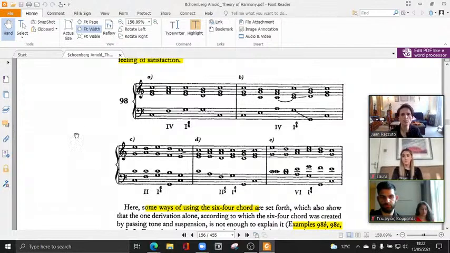For example, let's go to example A. You see the voices. You have the tonic, the 6/4, going to the dominant, tonic again. Now, the F goes to the E, the passing tone, goes to the D, resolves, G stays in the same voice. The C is not tied, but it doesn't have to be.